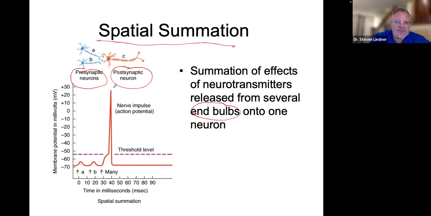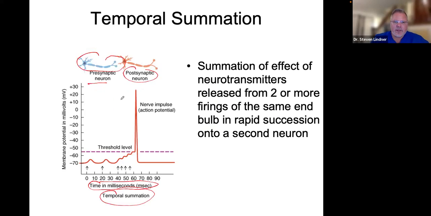And when these fire, it looks like we're depolarizing somewhere around 35 milliseconds. But over here, this is one presynaptic firing on a postsynaptic. Look how long that takes to depolarize. That one takes about 60 to 65 milliseconds.